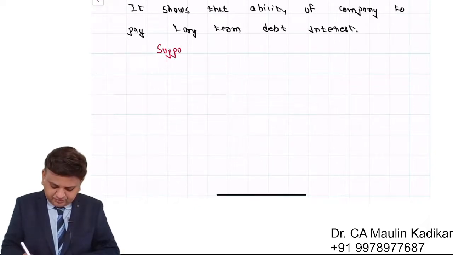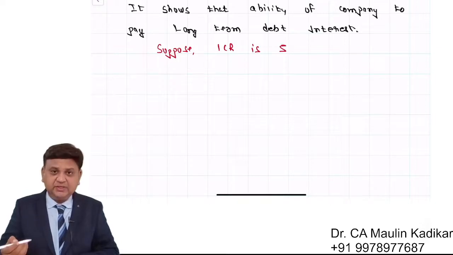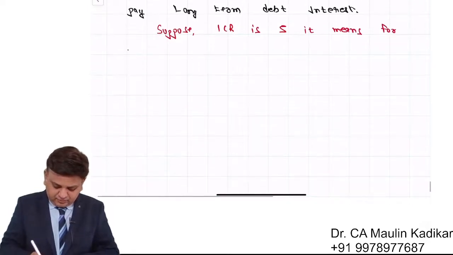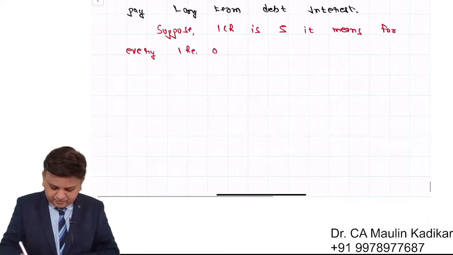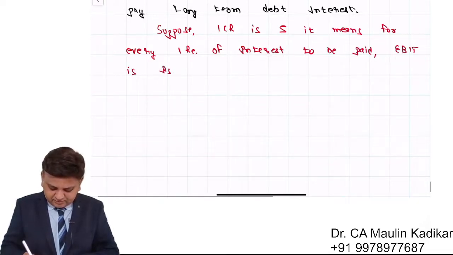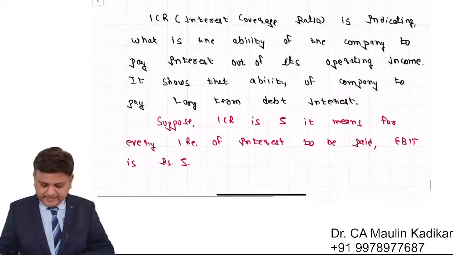Suppose ICR is 5, interest coverage ratio is 5. It means for every 1 rupee of interest to be paid, comma, EBIT is rupees 5.